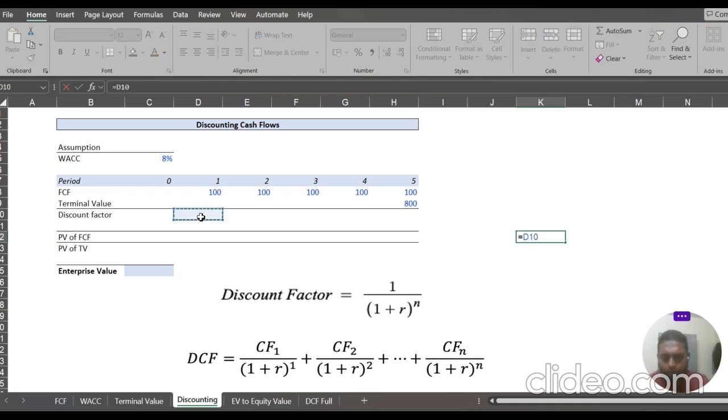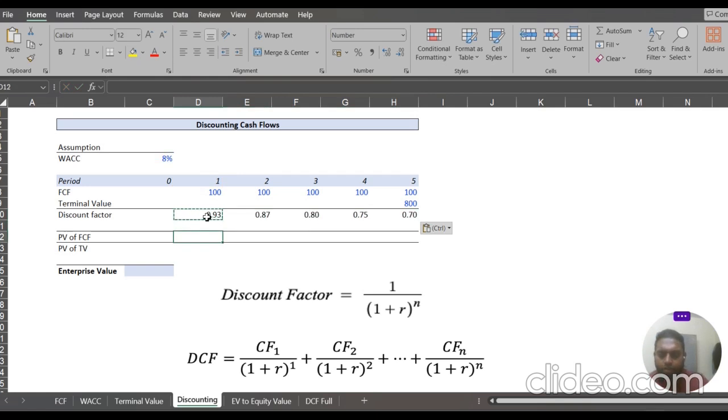So here we'll do the formula: equal to 1 divided by bracket 1 plus this WACC percentage, R is the power of 1, and we'll make this F4, drag it across.